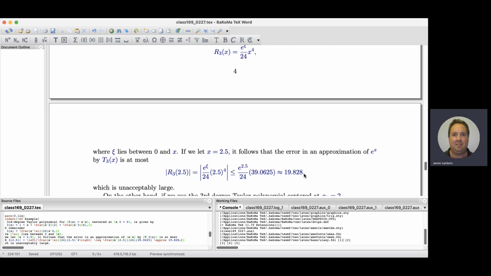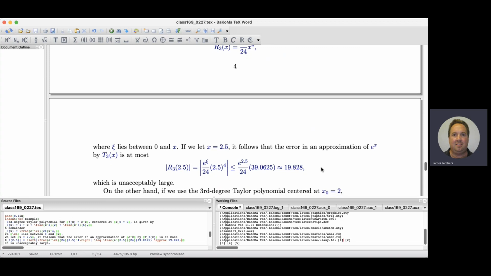And that's quite large. We don't want to have error that large. Sorry, what I just said there was totally wrong.